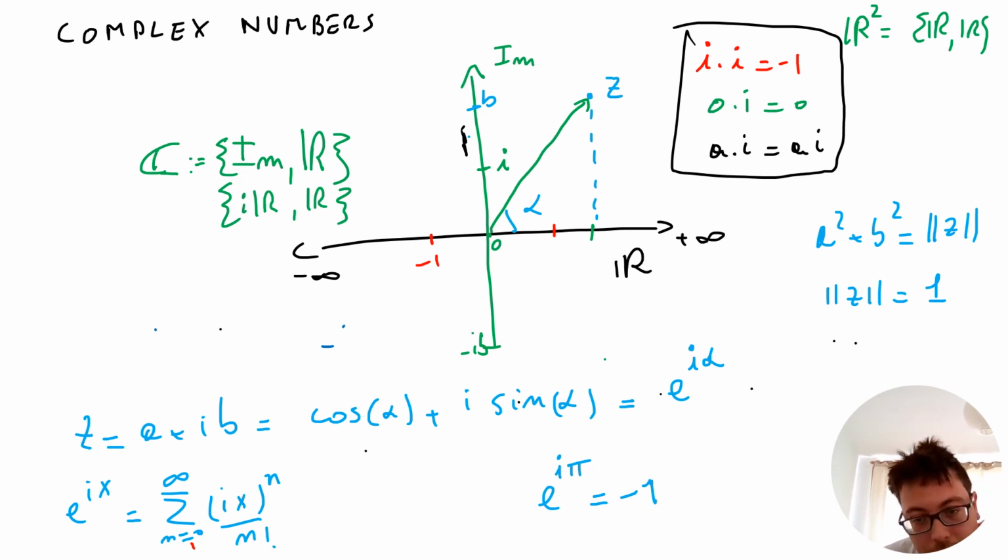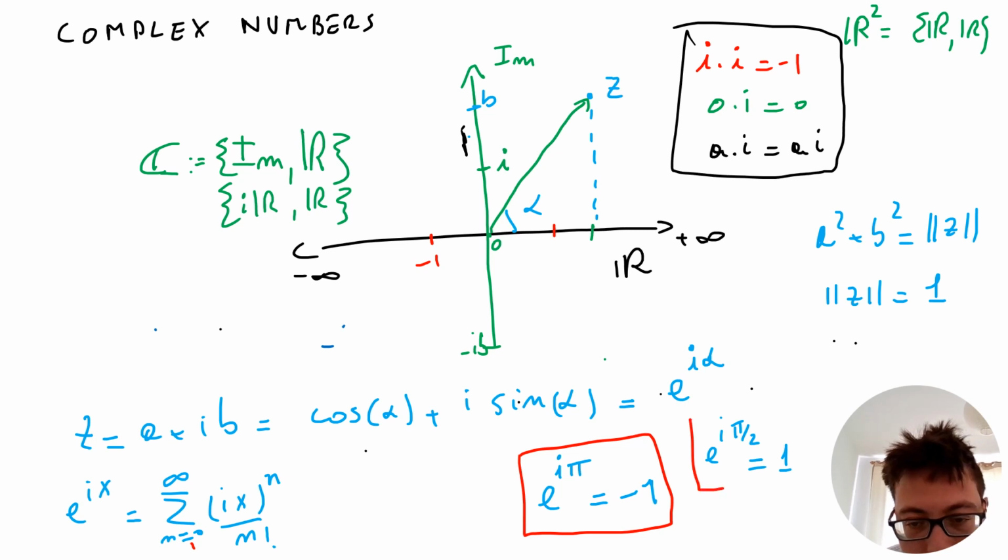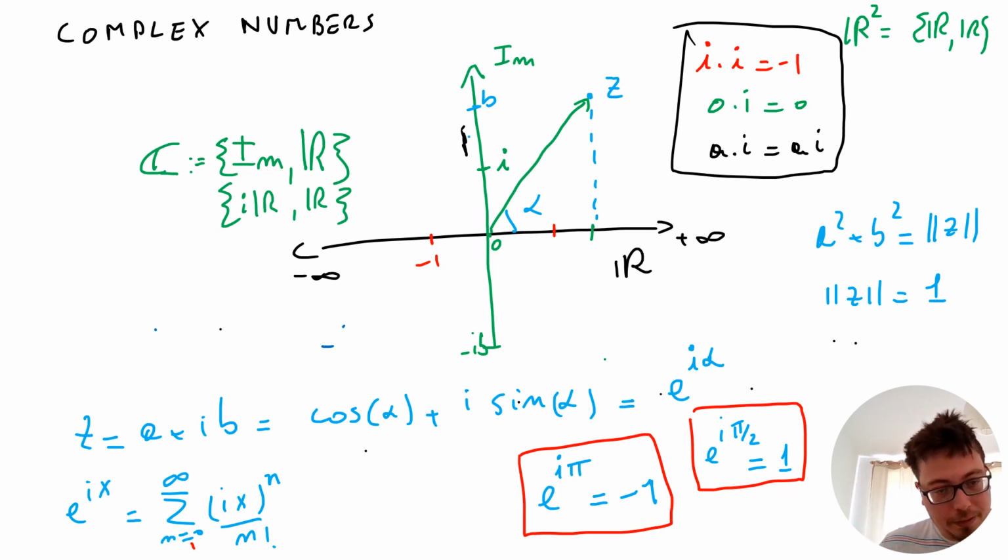Or you can even write e to the i pi over 2, which is even nicer, and it gives you i. These simple formulas make you wonder how these numbers play with each other. But I will make a separate video only on this, to understand this connection, which is interesting also for matrices.